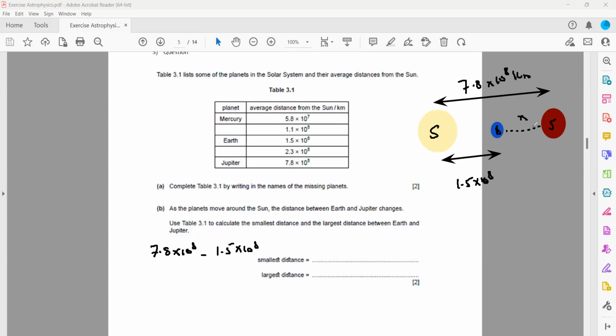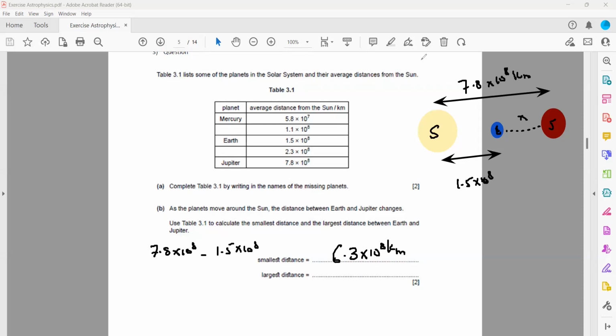So we'll know the minimum distance between the Earth and Jupiter, which is about 6.3. So the minimum distance will be 6.3 into 10 to the power 8 and the unit will be kilometer.